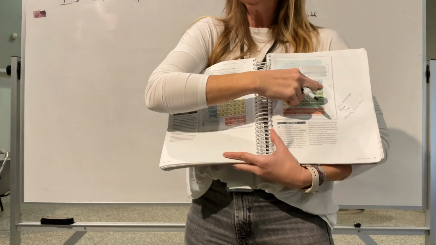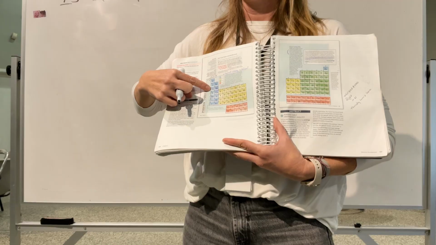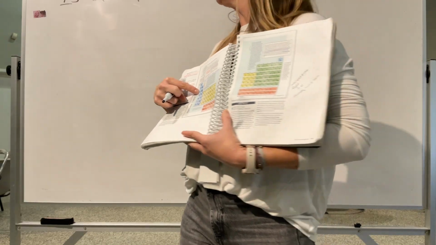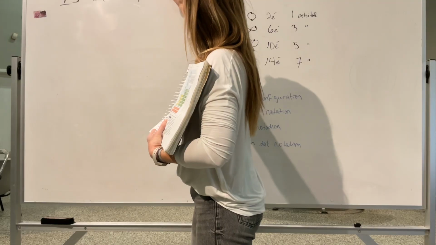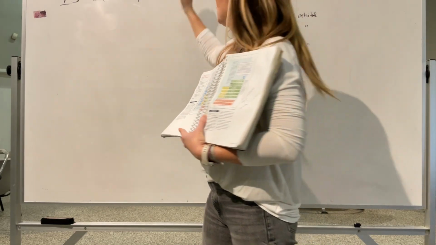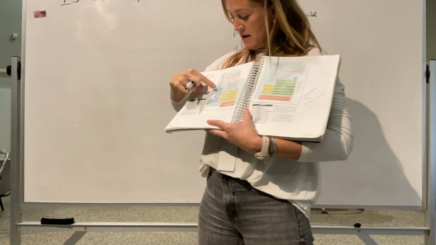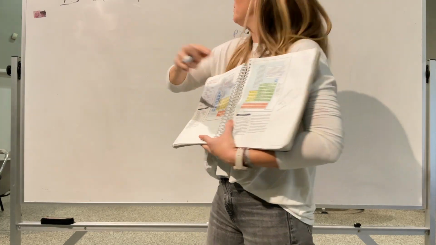Okay, so 2p, 6. Then we're going to go to the third level, right? And what is next in that diagonal? 3s. And how many electrons can fit in S again? 2. And then what is after 3s? 3p.